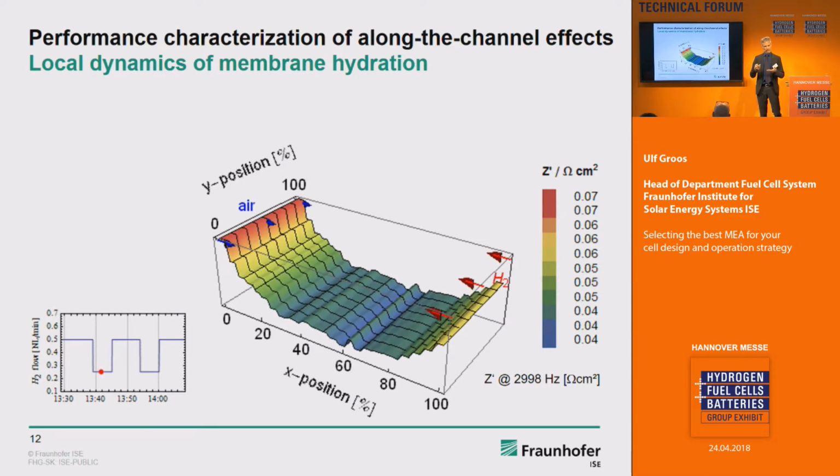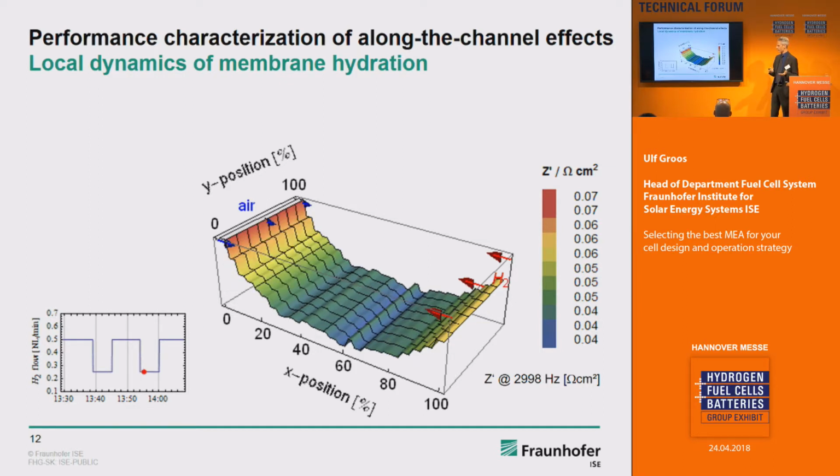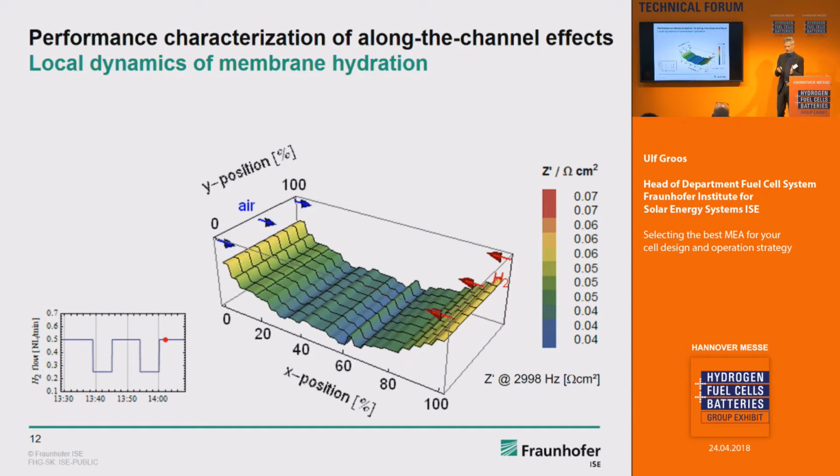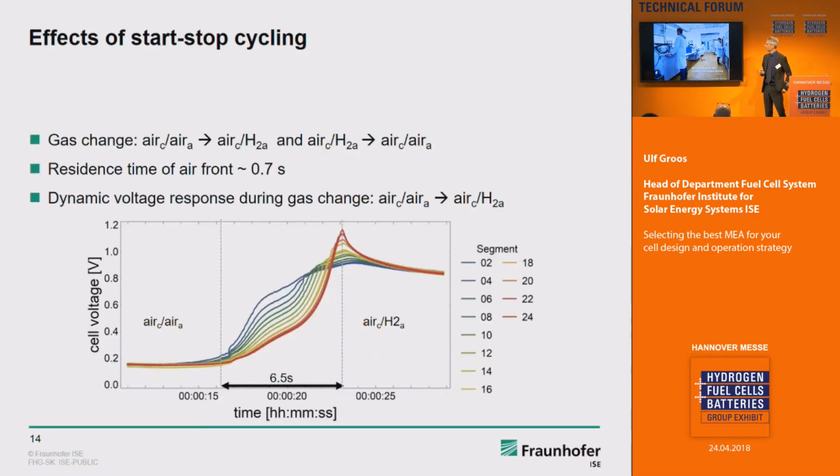So with that, you can understand the membrane humidification in dependence of your operation strategy, for example, the membrane humidification over the whole channel length. Another example would be to investigate the degradation behavior within your channel-land design and with different MEAs, which is shown here.